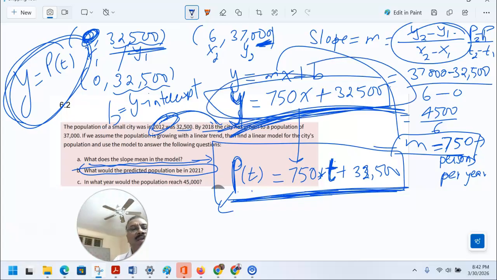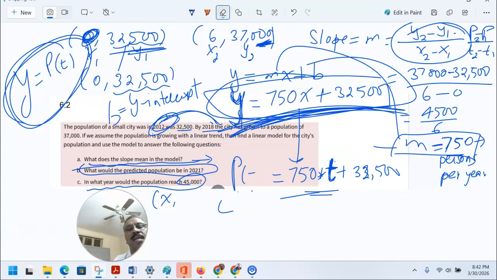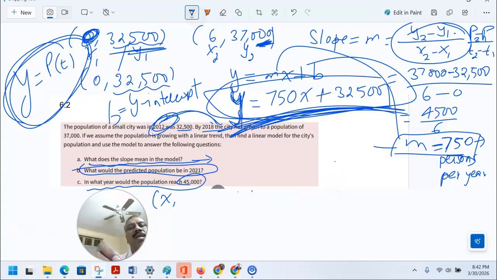Our last question is, in what year would the population be 45,000? It means we want to know for what x. Let me take this off now. So in which year is the population going to be 45,000?